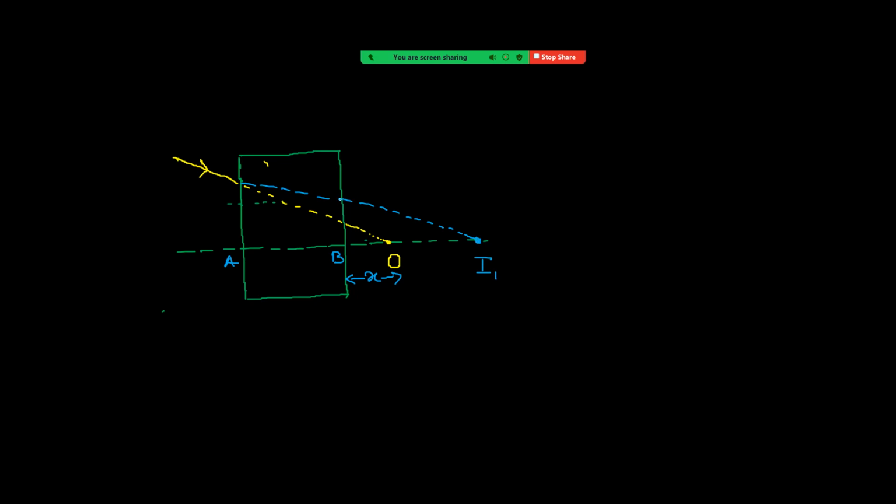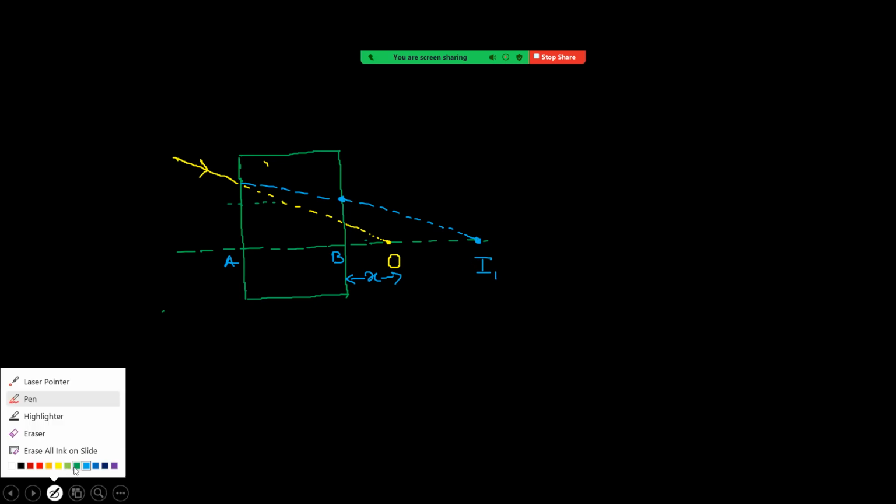Next, now this is the image of this point because of first refraction. But after coming here, again the medium is changed. Since the medium is changed, it is again refracting. So after refraction, you can see they will converge now. So let me take a different color to make it clear.